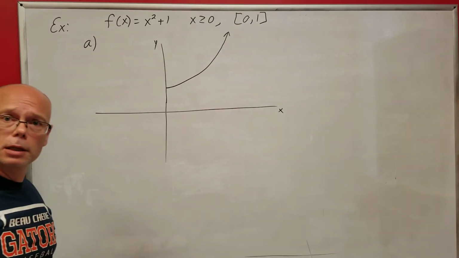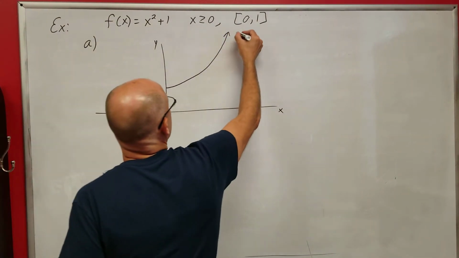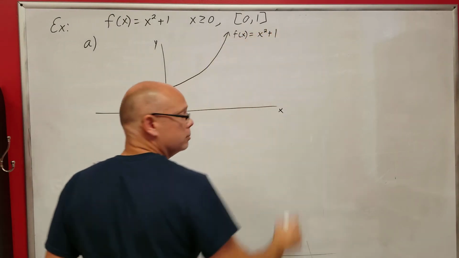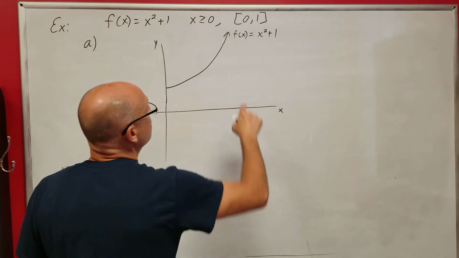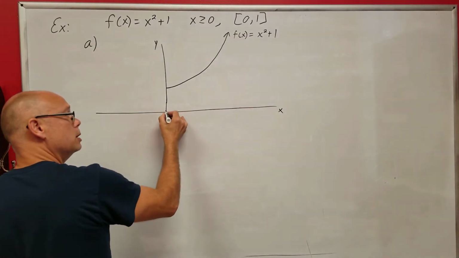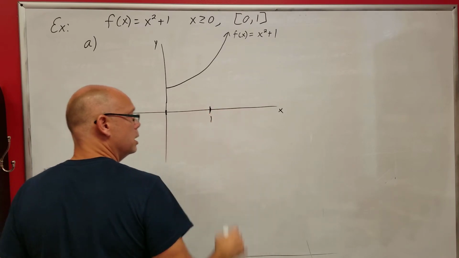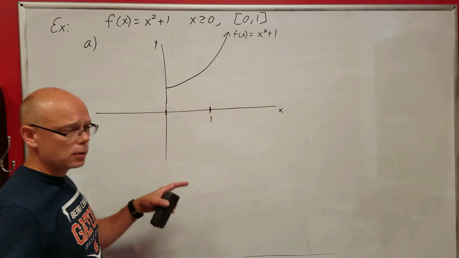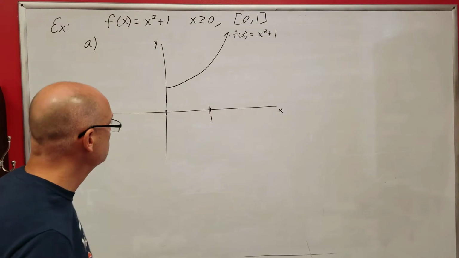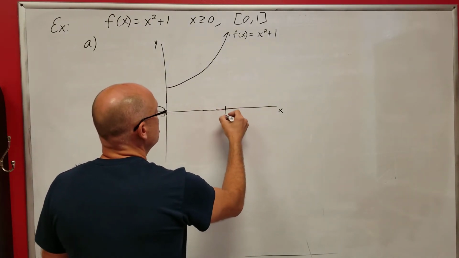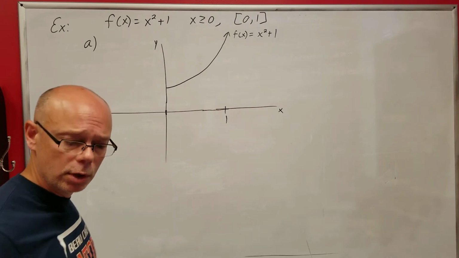So that's maybe something like that, okay? f of x is equal to x squared plus 1. And they want me to look for the area between 0 and 1. So between 0 here and 1 here, okay? I'm going to make it kind of wide so I have enough room to draw stuff. So maybe I'll make it even wider. Maybe I'll say, let me put 1 there just to give me more room to draw.